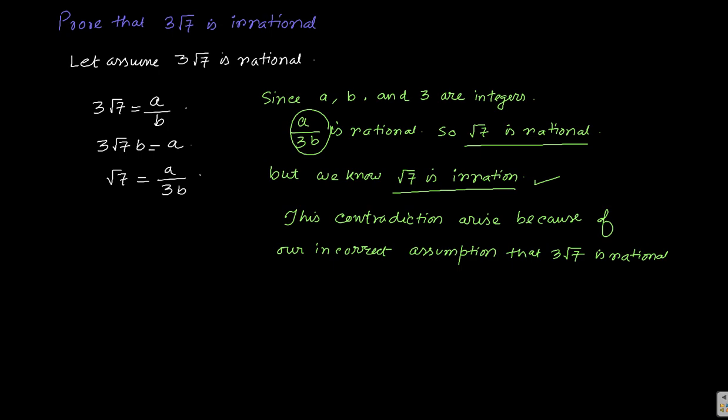If root 7 is irrational, then obviously 3 root 7 is irrational. Hence 3 root 7 is irrational. Very important proof for your upcoming CBSE 2025 class 10 exam.